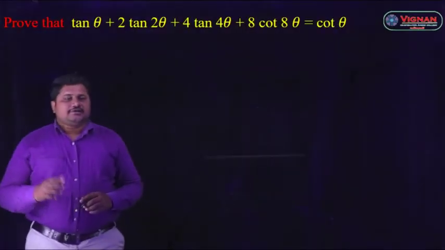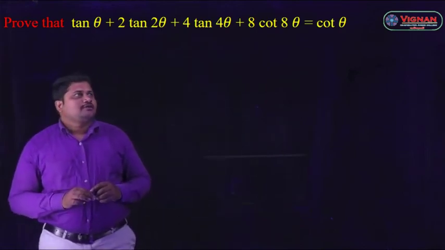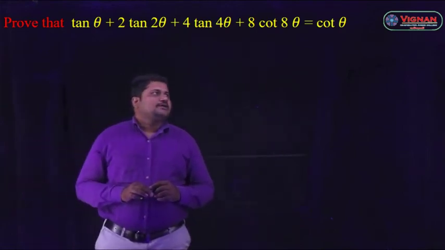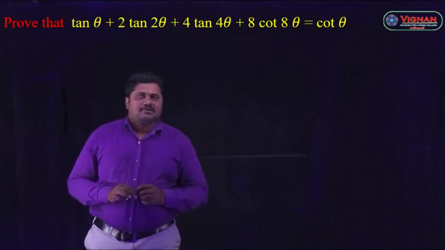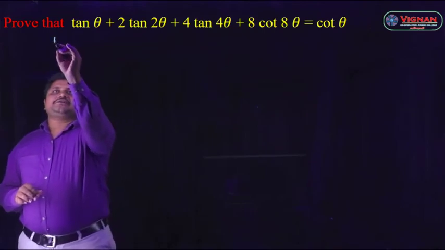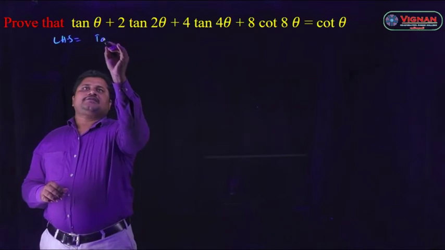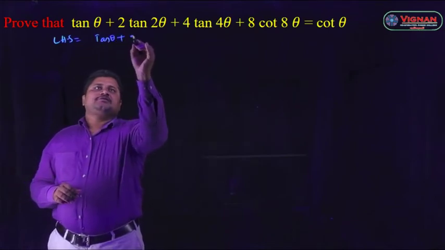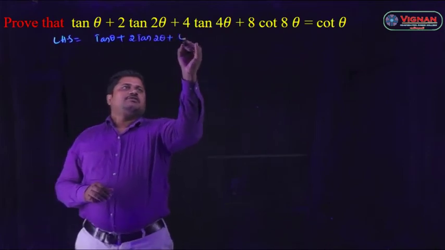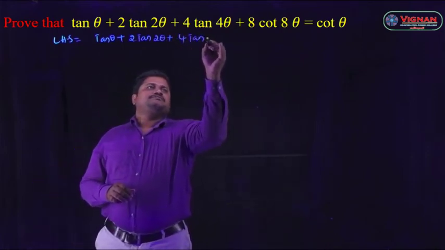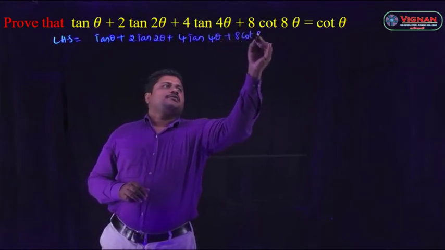Hello students. Next problem is prove that tan theta plus 2 tan 2 theta plus 4 tan 4 theta plus 8 cot 8 theta is equal to cot theta. First we take LHS. LHS is equal to tan theta plus 2 tan 2 theta plus 4 tan 4 theta plus 8 cot 8 theta.